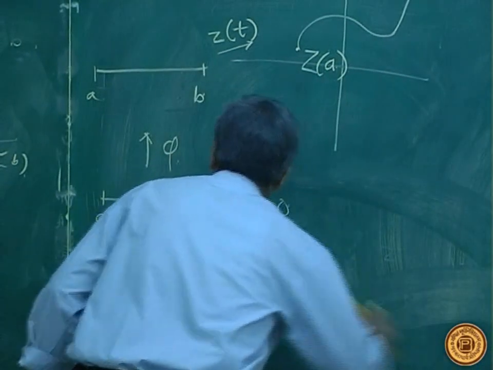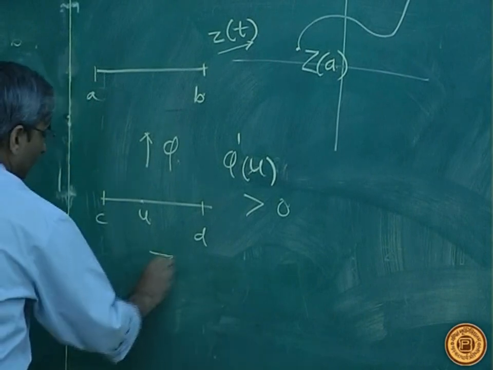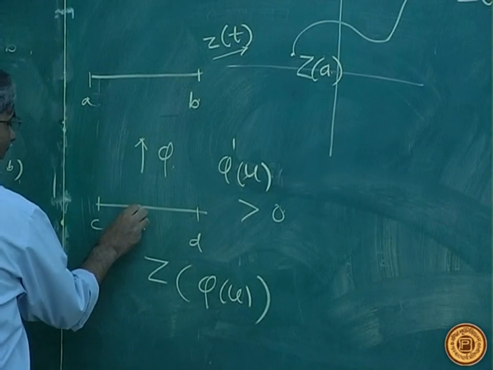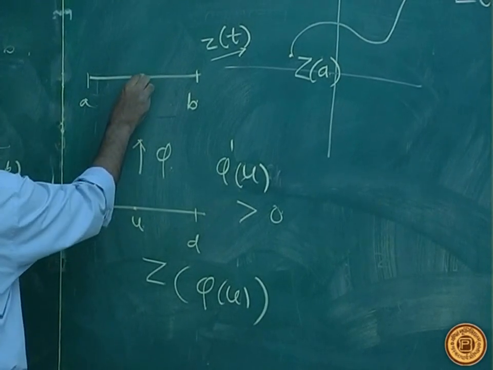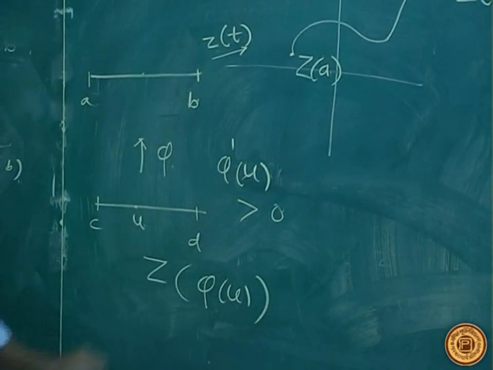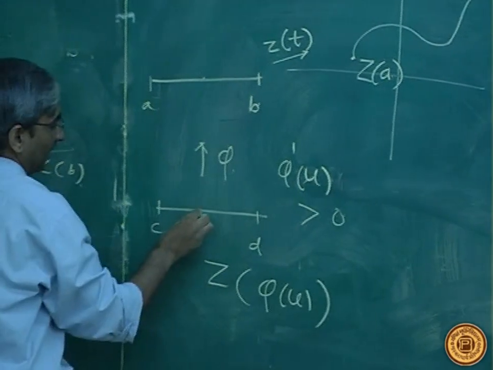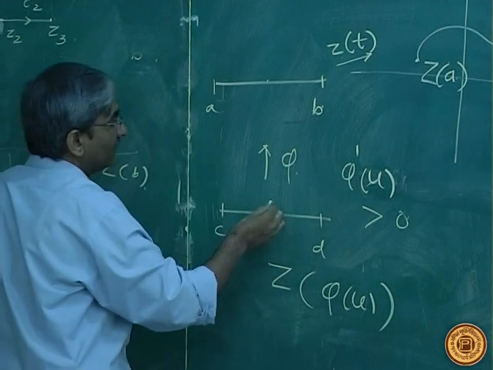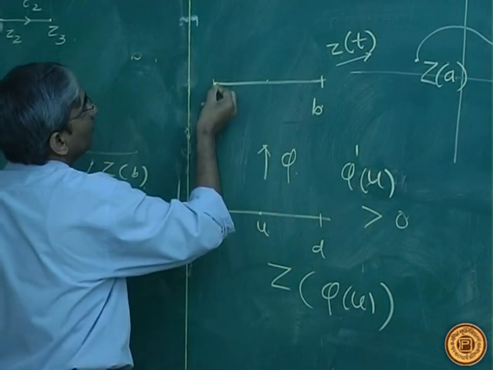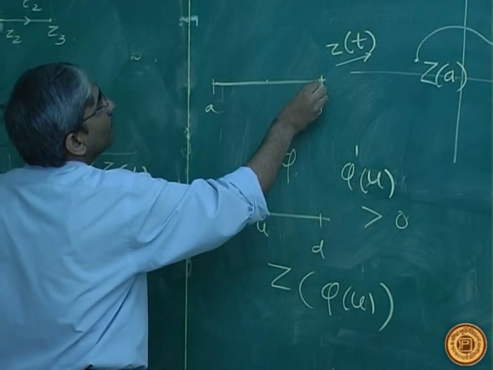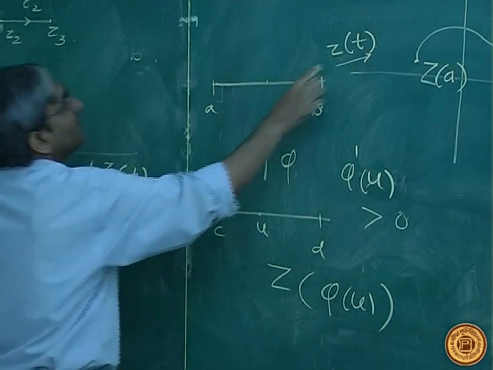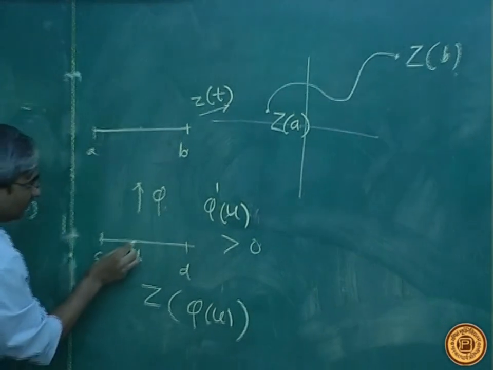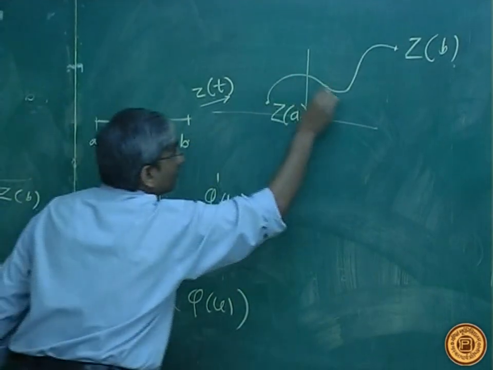I will take u, via phi I will go here and then apply z. So it is just a composition. I will take u here on interval CD, apply phi and then you go here. Then you have your original function z, which maps onto the curve.